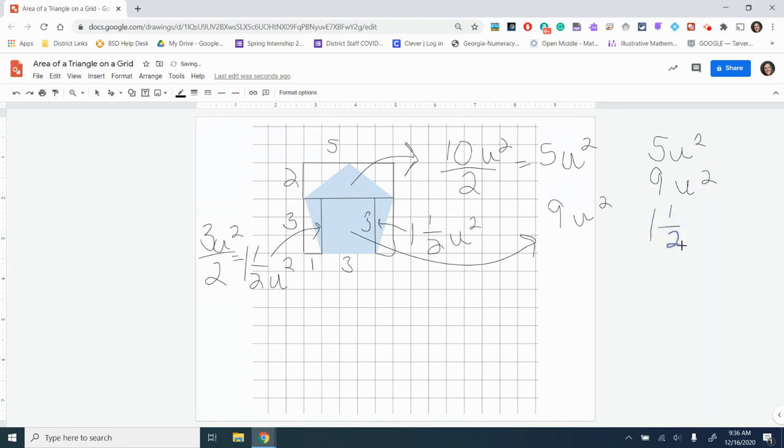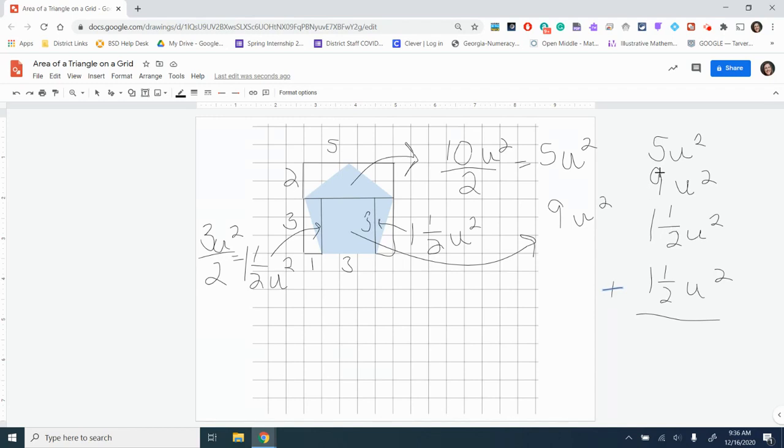Now, how are we going to find the area for the composite figure? How are we going to find the area of this polygon, of this 5-sided polygon or this pentagon? Well, we're going to have to add all of these areas together, okay? So I know that 1/2 plus 1/2 is a whole.